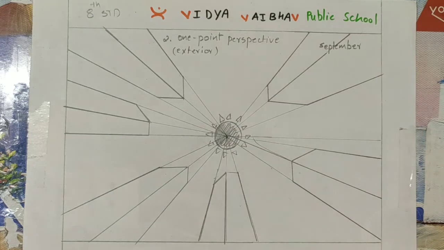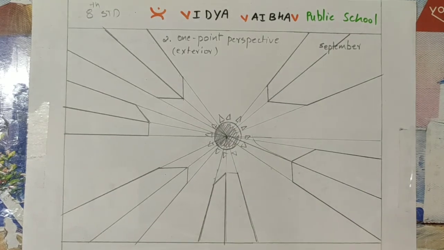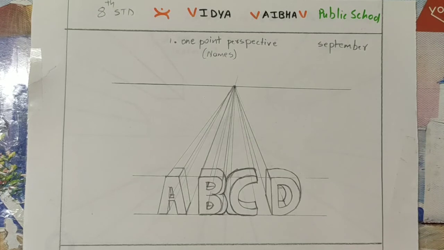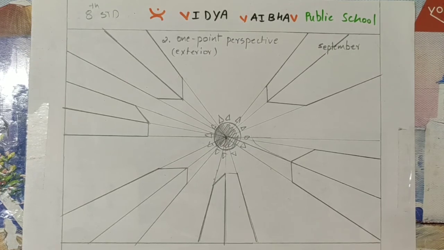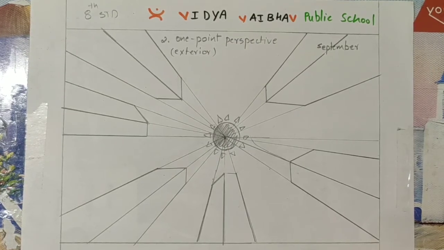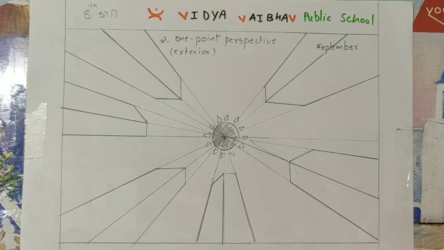Okay, the first topic we learned names. The second topic we learned exterior using a technique of 1 point. Thank you.